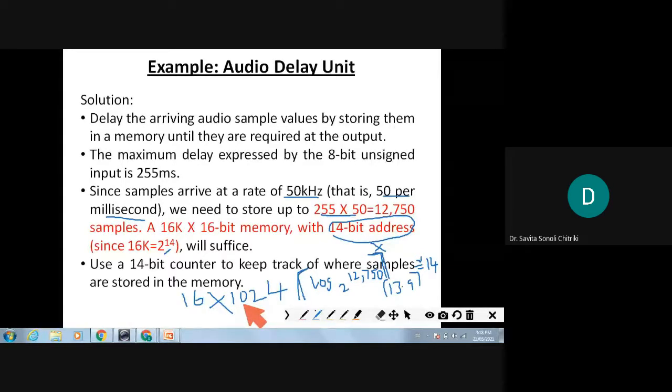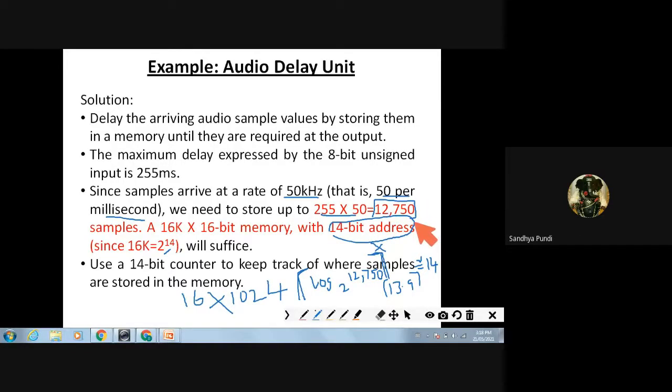Do you have calculators with you? 16,384. But we need to store only 12,750, right?